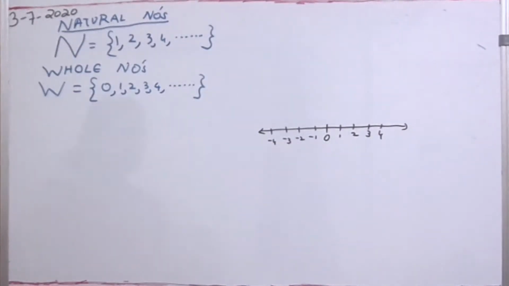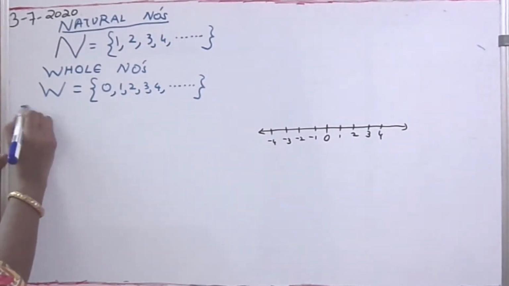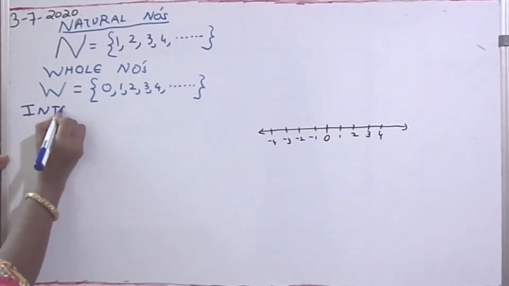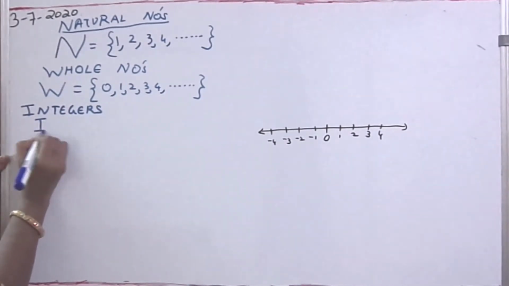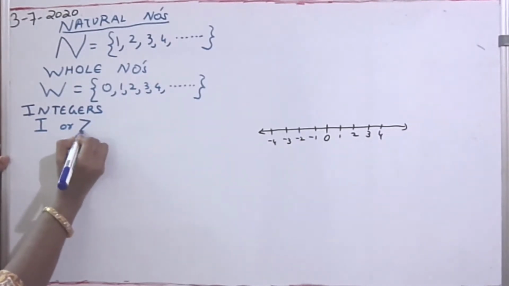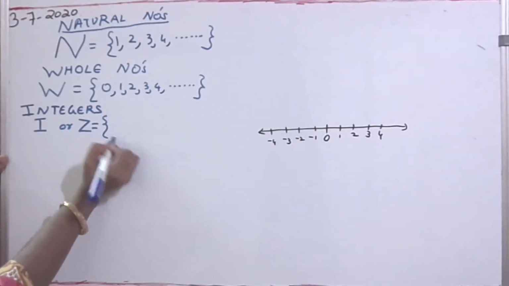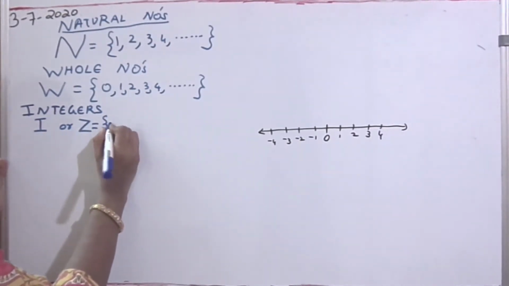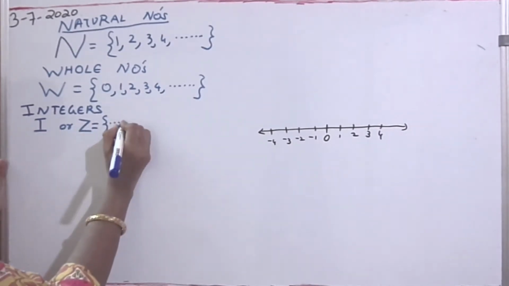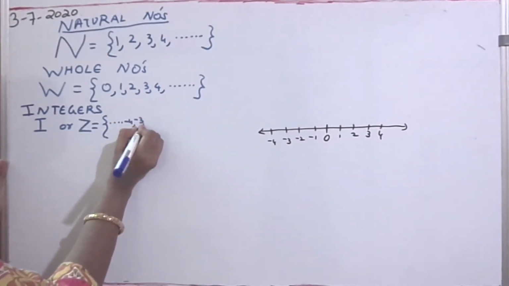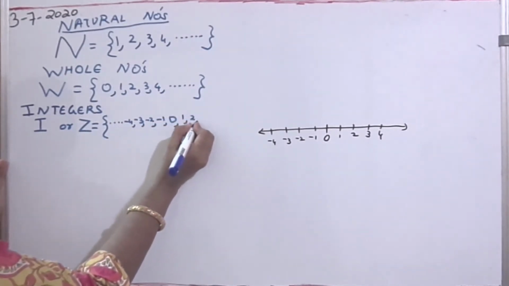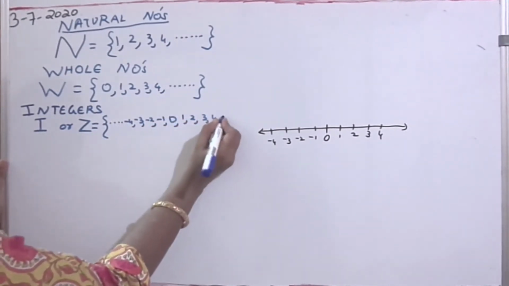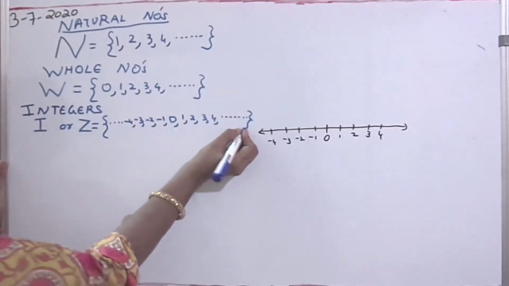So when you remember this number line, it is easy to write the set of integers, denoted by letter I, or you can denote it by letter Z. Which are the numbers? It's infinite on both sides. So here I will write -4, -3, -2, -1, 0, 1, 2, 3, 4 and infinite on both the sides.